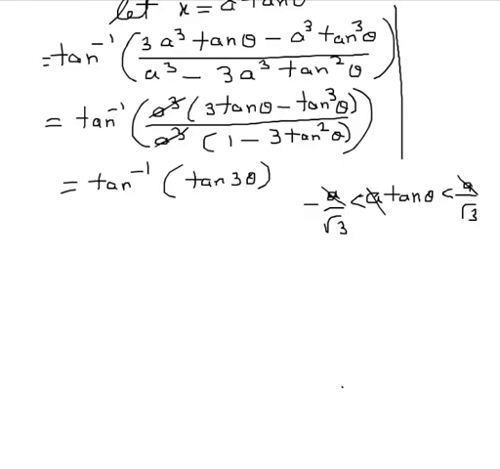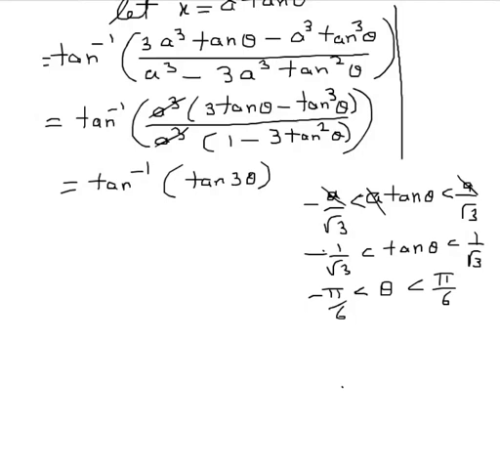Cancel a throughout. Take tan inverse throughout. Tan inverse of 1 by root 3 is pi by 6 and here it is minus pi by 6, because principal value branch for tan inverse is minus pi by 2 to plus pi by 2, so negative angle.